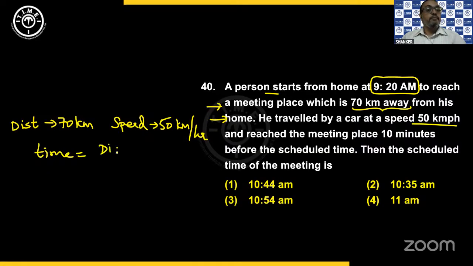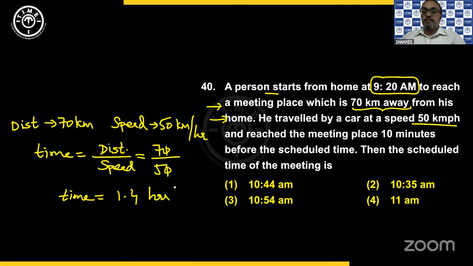Distance upon speed. Yes or no? So by doing that, I have 70 upon 50, which is nothing but 7 upon 5. So then how much is the time that you are going to get? 5 ones are 5, remainder 2. Then if I put a decimal, it will be 1.4. So it is hours. Why? Because it is kilometers per hour.